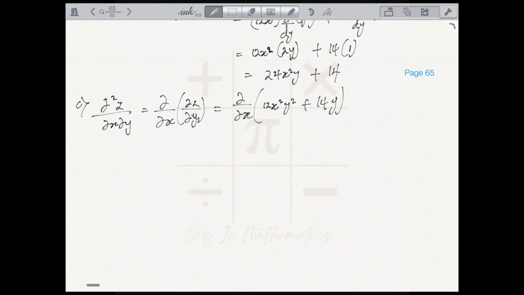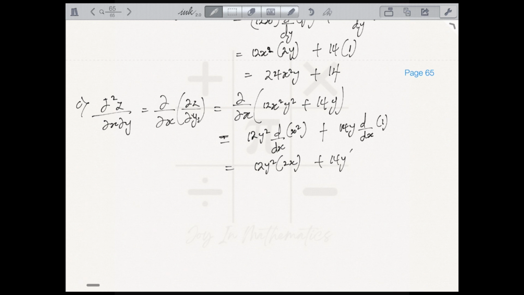Now, when we are differentiating this, we understand that our y is kept constant. So we have 12y squared with a full differentiation of x squared plus 14y with a full differentiation of 1, and that will give us 12y squared multiplied by 2x plus 14y multiplied by 0. This gives us 0, and our final answer will be 24xy squared.